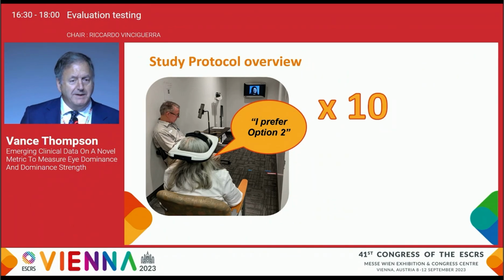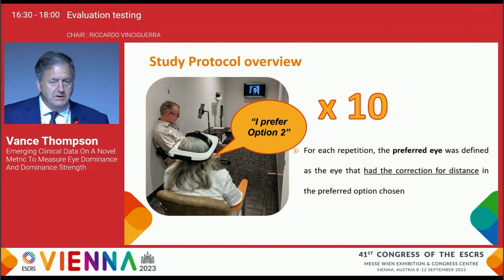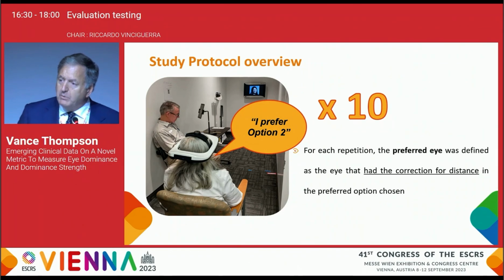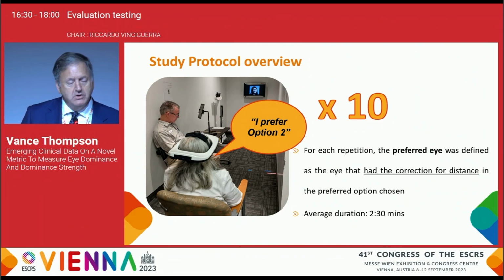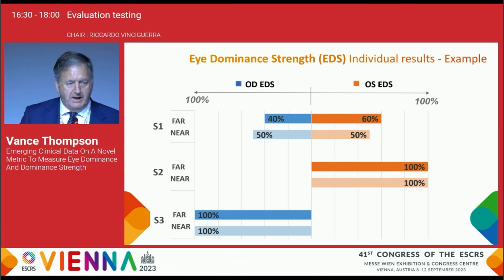And then we would repeat that 10 different times, and it would give us interesting data on the preferred eye with each test. It usually took around 2 minutes and 30 seconds to perform this test. And here are some examples of the data that we could get.